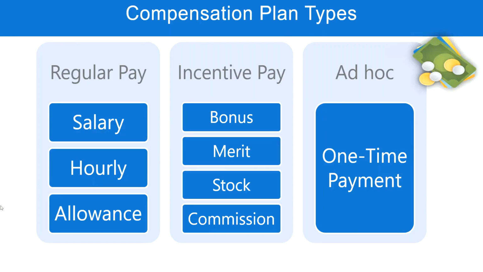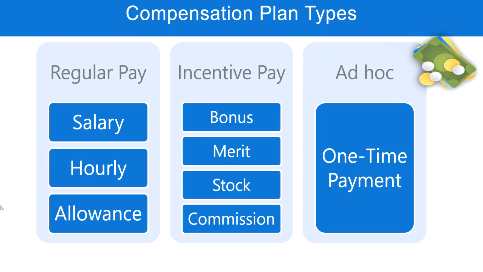Now, what is the difference between incentive pay and regular pay? Regular pay is something that will come to you periodically, no matter what. Mostly the same amount every time. Unless you are given an increment where your base pay changes, but apart from that you're going to get the same amount every pay period.